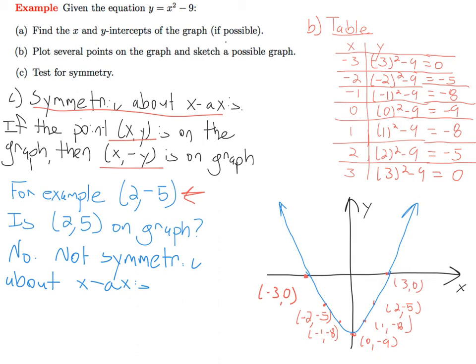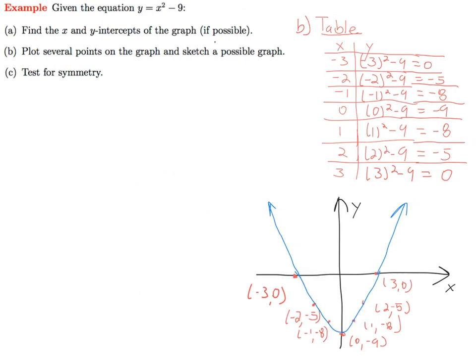So what about the origin? Let's take a look at that one last. And finally, we can test to see whether this equation and its corresponding graph is symmetric about the origin.